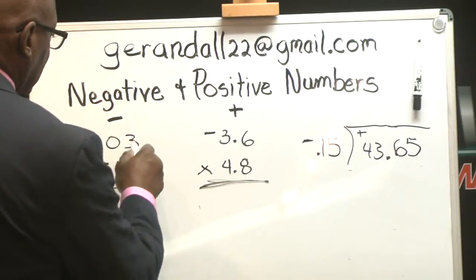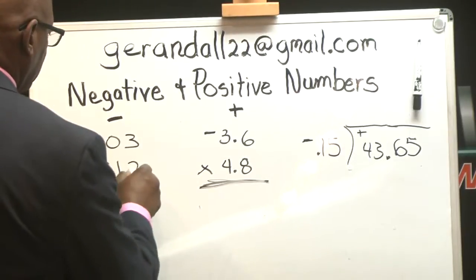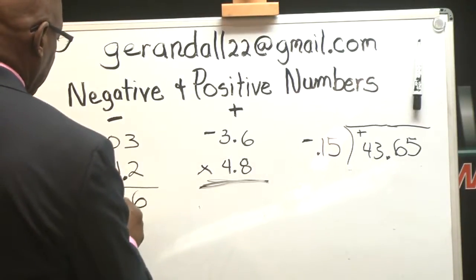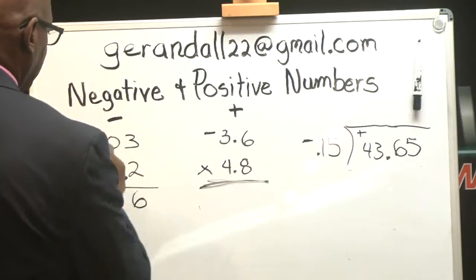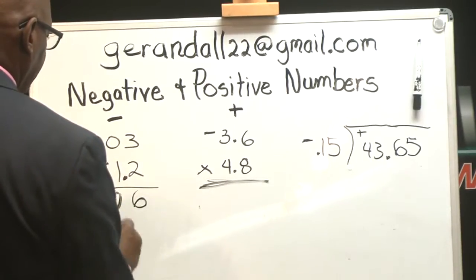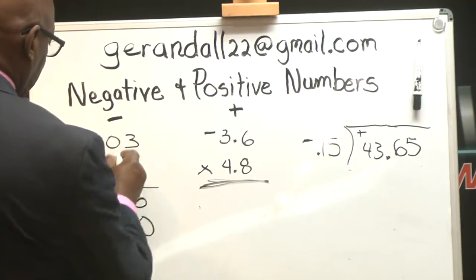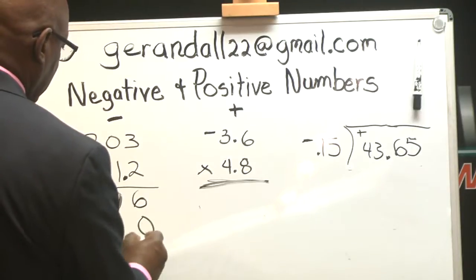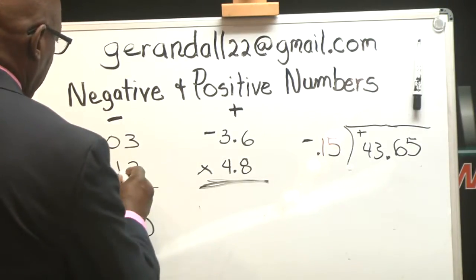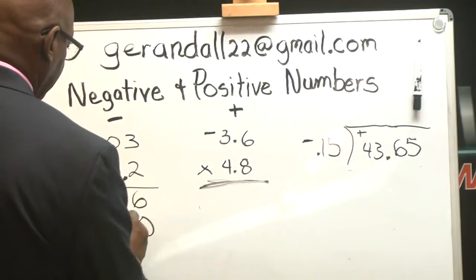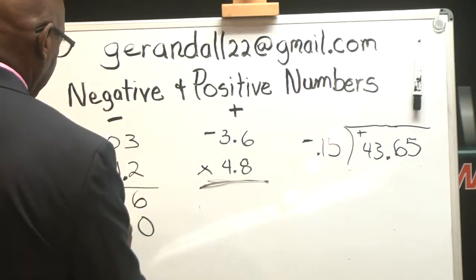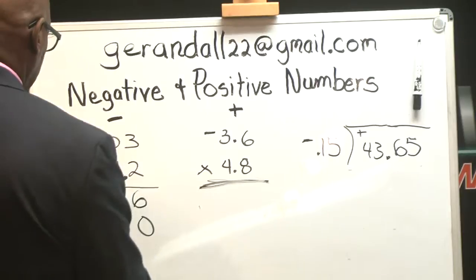Again, 2 times 3 is 6. 2 times 0 is 0. And 2 times 2 is 4. You want to get in the right decimal place, that's why we put this 0. And again, 1 times 3, 1 times 0, 1 times 2.